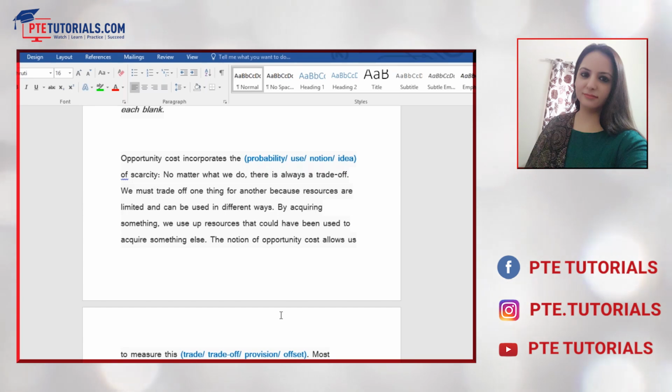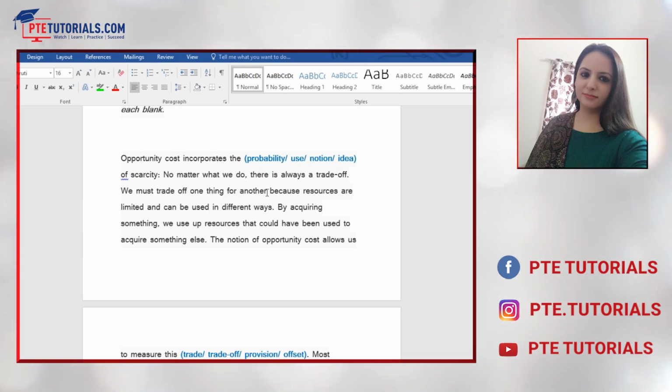Okay, notion of scarcity or ideal of scarcity? Now I'm confused. Okay, I'm keeping this option as it is right now because I'm not getting the meaning from just reading this line. Then no matter what we do, there is always a trade-off.